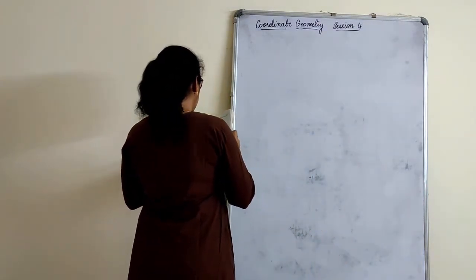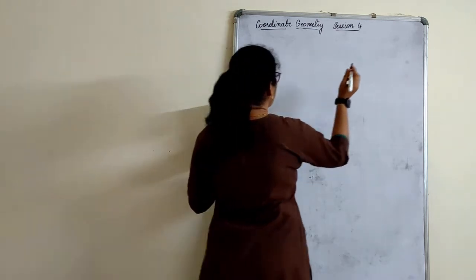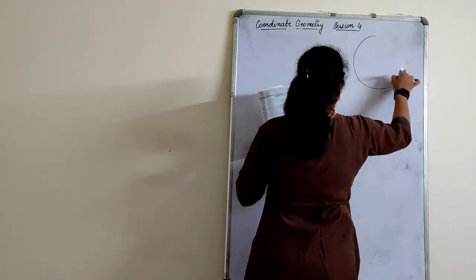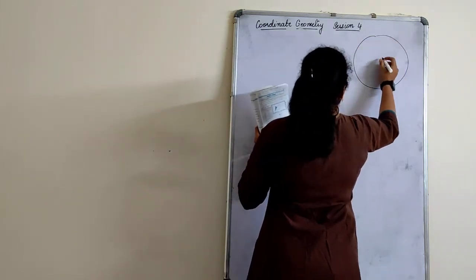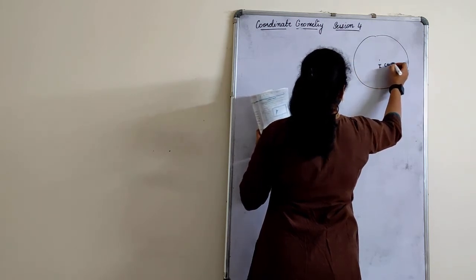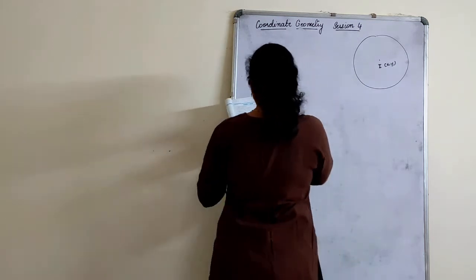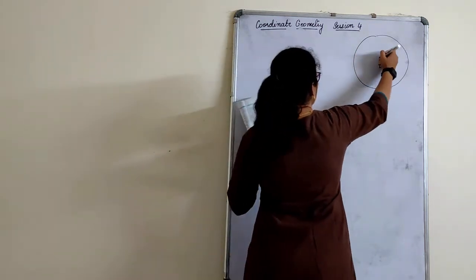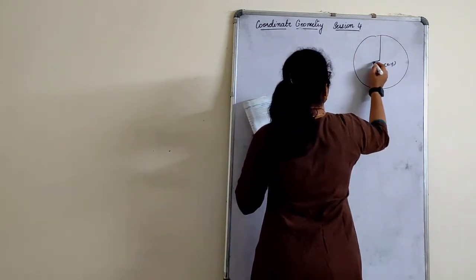Find the center of circle passing through the points. Now, given that it is a circle, so find the center of circle. I will consider x and y passing through the points. 3 points they are passing.